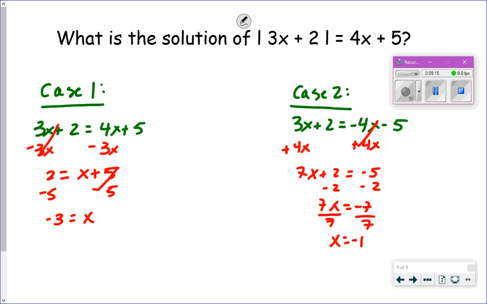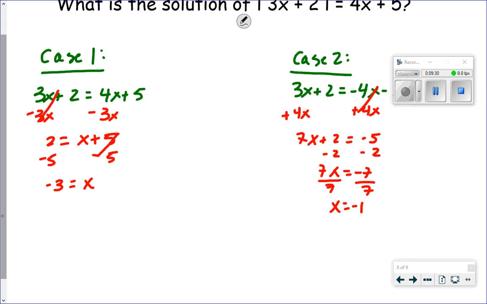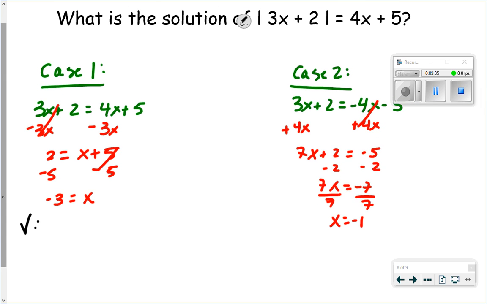Okay, so now we have to look to see if we need to do a check step or not. So remember, the idea behind that is if there's variables on the right-hand side, then we need to do a check step. So since there's a 4x, that means the check step has to happen, and we have to do it for both cases. So check step 1, when you're doing the check step, it goes back into the original problem.